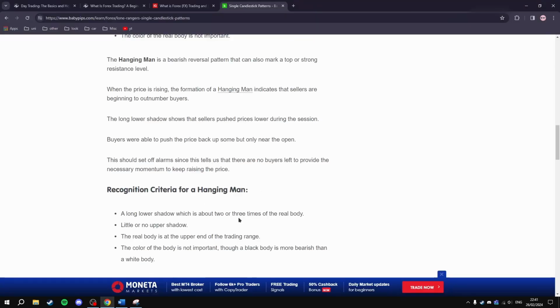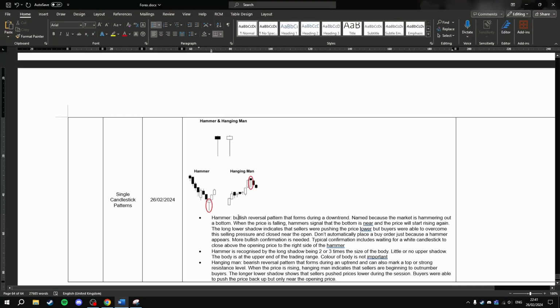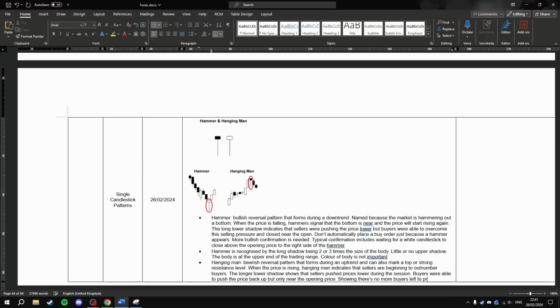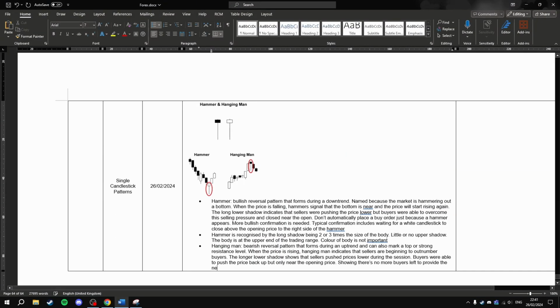This should set off alarms, since this tells us that there are no buyers left to provide the necessary momentum to keep raising the price.